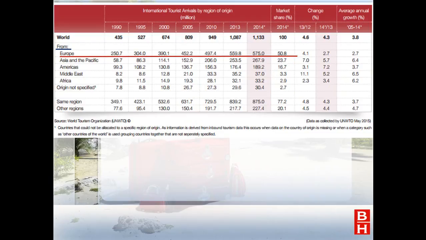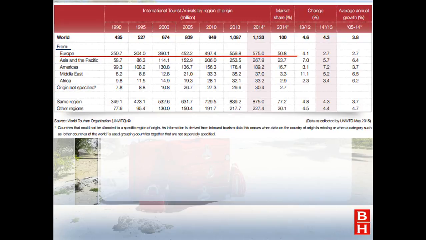Now let's look at where these tourists are coming from. Okay, this graph is to look at where they are coming from. An interesting fact that you have to remember is that most tourists will travel within their region, meaning most Americans will travel within the Americas, meaning Canada, Mexico, the US, so on and so forth. Most Europeans will travel within Europe. Most Asian and Pacific residents will travel within Asia and Pacific.